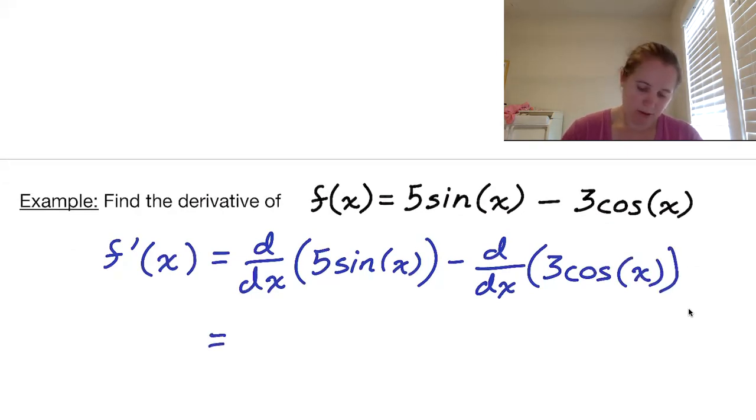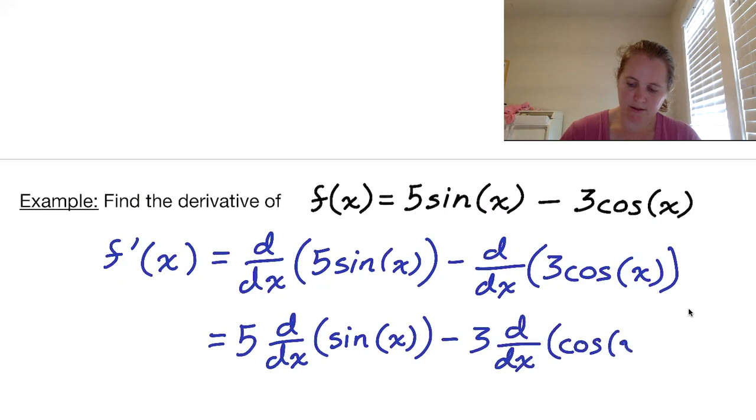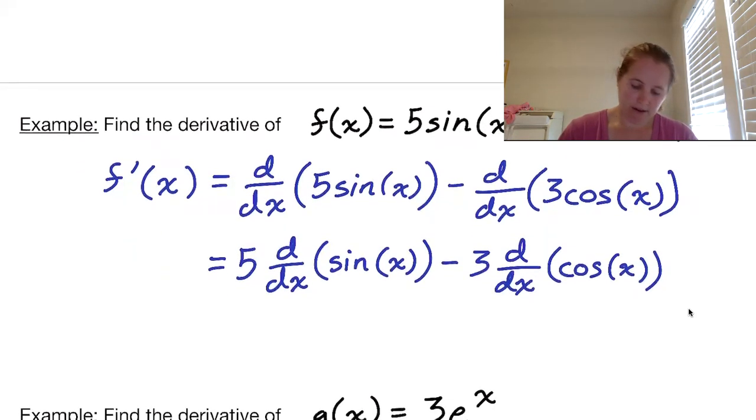From here, we could go ahead and pull out our scalars. So this is 5 times the derivative of sine of x minus 3 times the derivative of cosine x. And then this becomes 5 cosine of x.